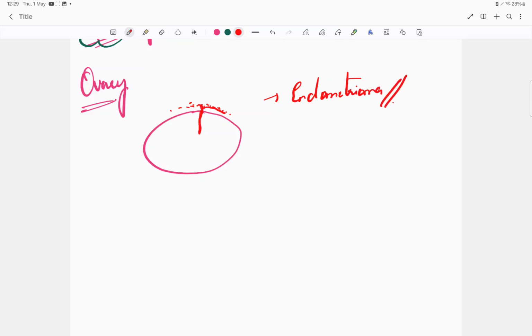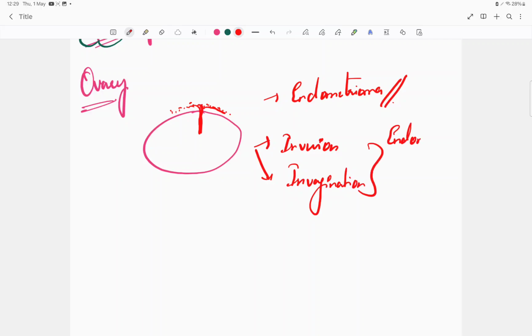Okay, it's called ovarian endometriosis or endometrioma. So these two words you have to remember: one is inversion and next is invagination. So if there is inversion or invagination of endometrial tissue into the ovarian cortex, that leads to this endometrioma. When you're writing university exams, this is important.